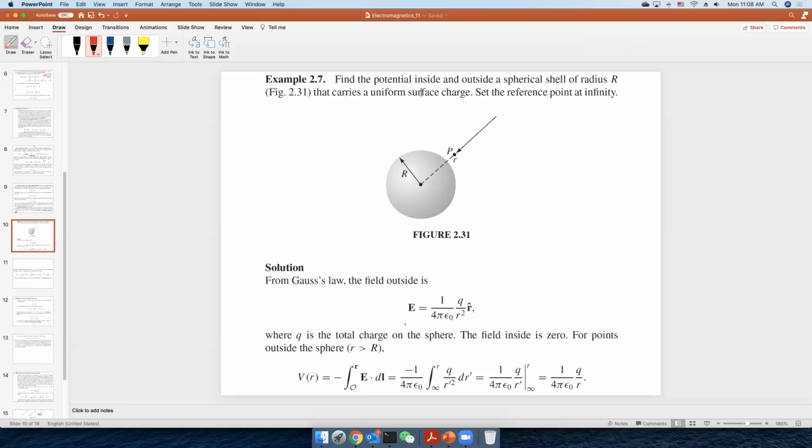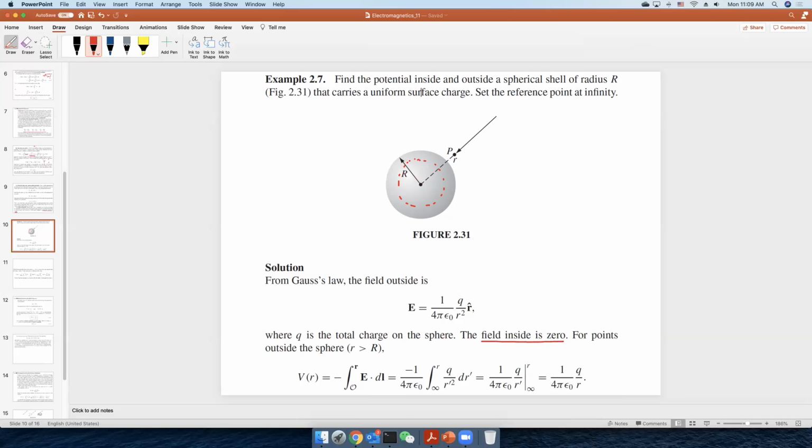When it's inside, we cannot do this, because the point inside is within a surface charge sphere. If we draw a Gauss surface inside, you figure out there's no charge at all in the closed spherical surface, and the field should be zero inside the sphere. Q is the total charge on the sphere, and the field inside is zero.